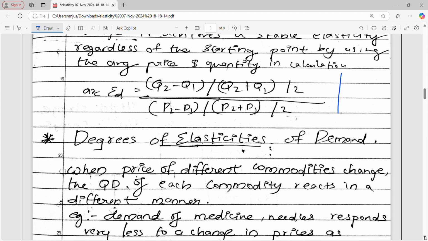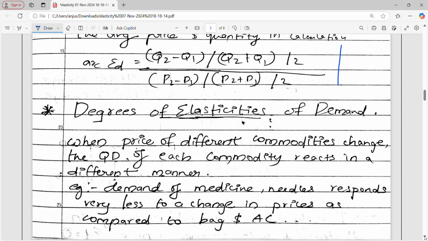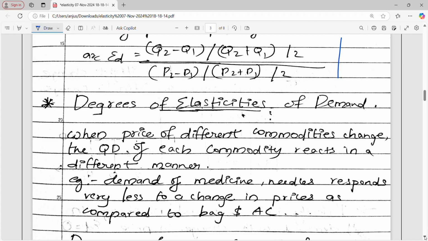Okay, next is degrees of elasticity of demand. This is really important. Elasticity won't be the same for all the changes in demand, right? Let's say for medicine, even if the price of medicine is increased, the quantity demanded might not decrease because it is a necessity. People need that.